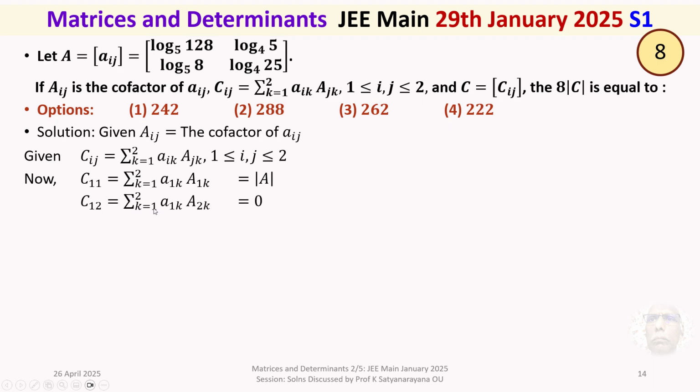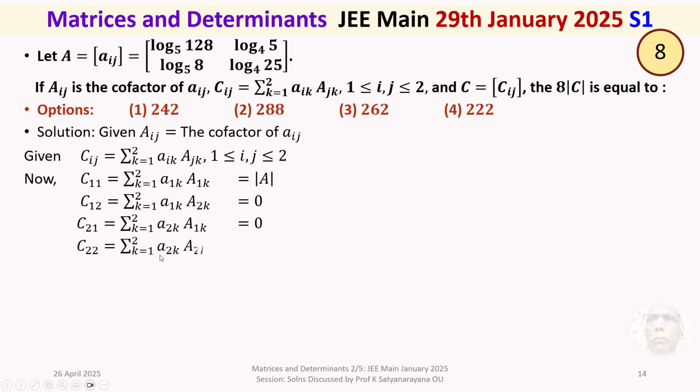C12 is equal to sigma k equal to 1 to 2, A1k A2k. Now, 1 is not equal to 2, that means an element is multiplied by a different cofactor, not the corresponding cofactor, so the product will be 0. C21 is also 0.